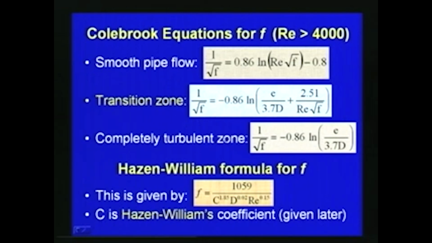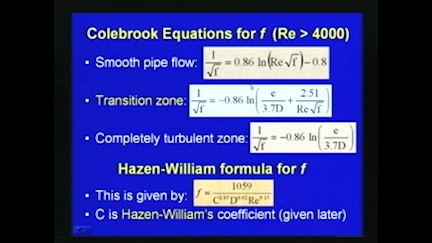For the completely turbulent zone, this reduces to the condition for fully turbulent and rough flow: 1 by root f is equal to minus 0.86 natural log of epsilon by 3.7 D. This can be approximated from the previous equation. These equations are called the Colebrook equations for the friction factor for smooth, transition or completely rough flow.